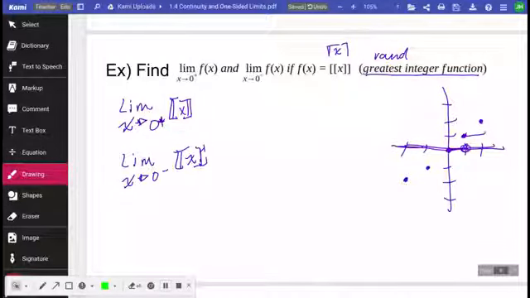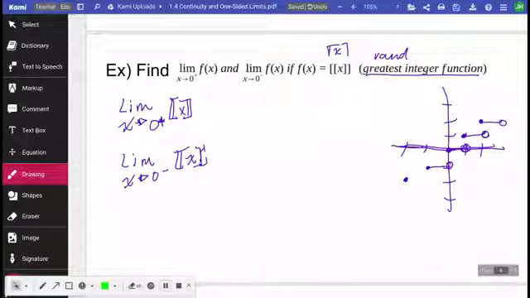Okay, and then here it's going to be going here, and here it's going, so it makes what they call a step function. Okay, so anything at a given value is going to be rounded up.